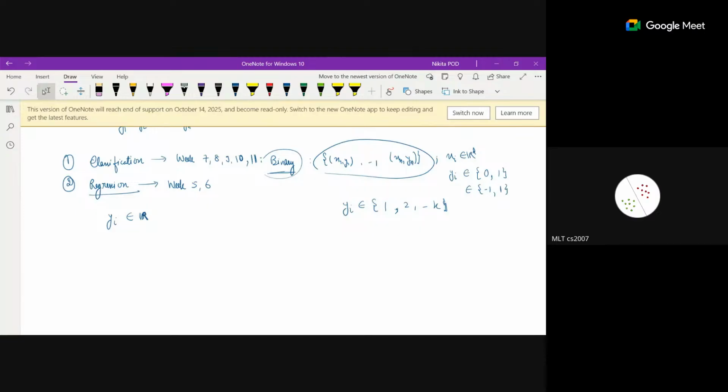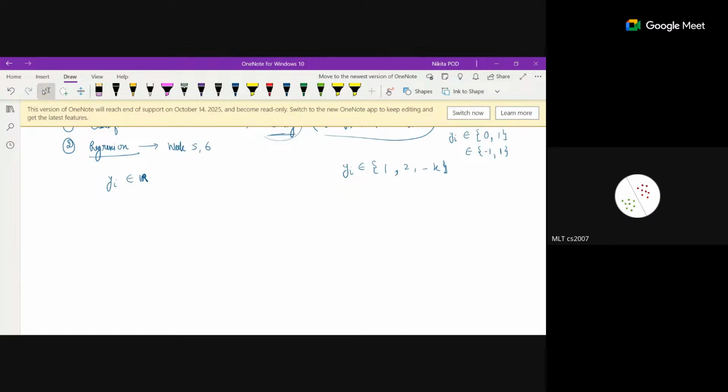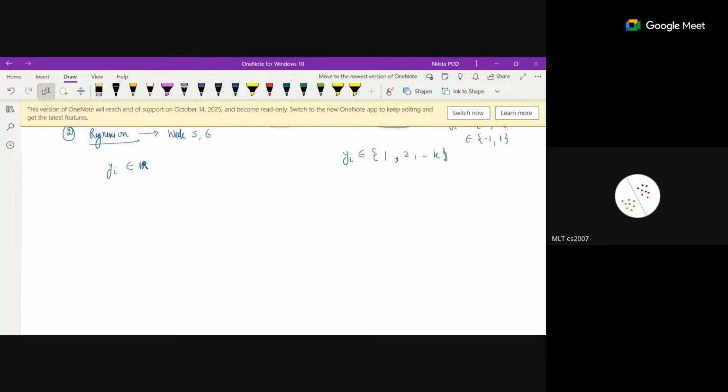Okay. So we'll start with the regression problem now. The very first thing: what does my data set look like?